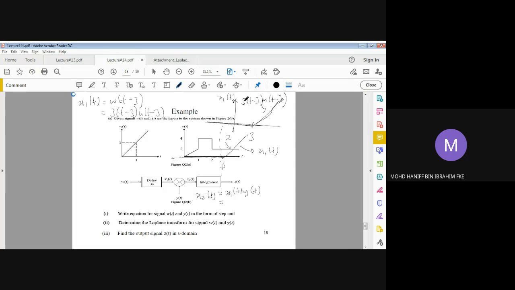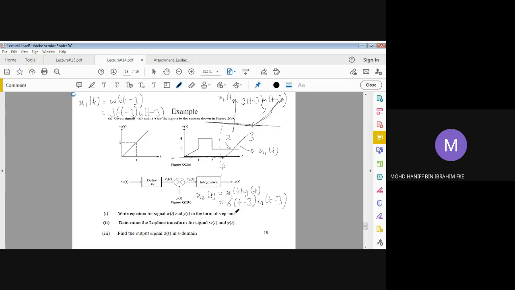So when you multiply these two terms, your answer will be 6(t-3)u(t-3). That should be your x2(t), the result of multiplication between x1(t) and y(t), which is applicable only for time t bigger than 3. Hopefully you understand this.